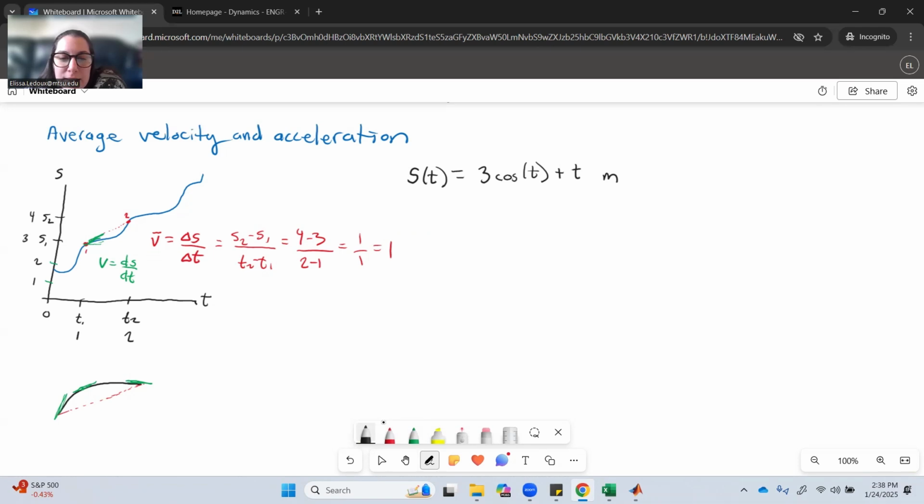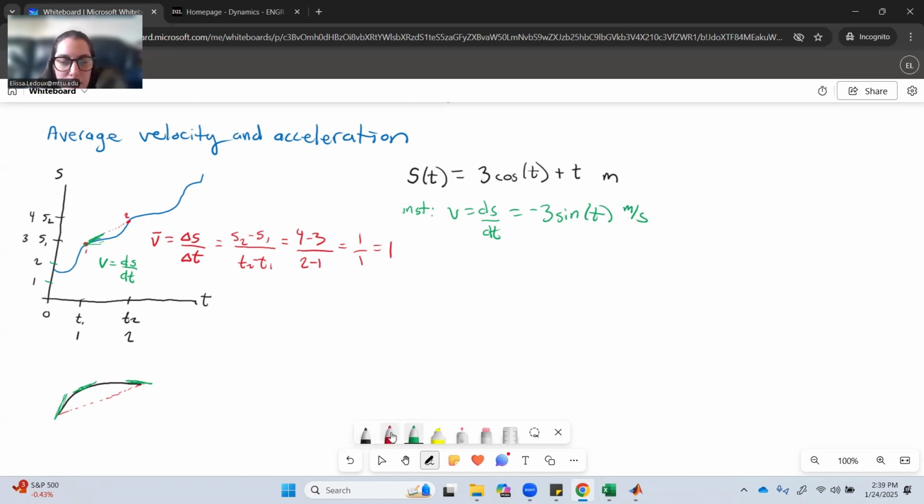So to get the instantaneous velocity, V equals ds dt equals -3 sine of T meters per second.